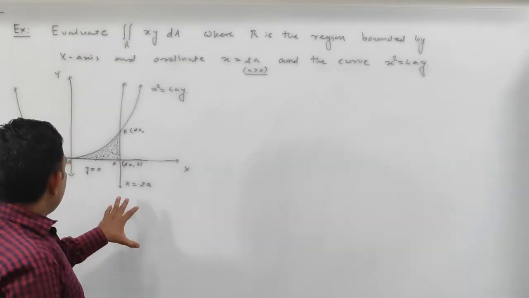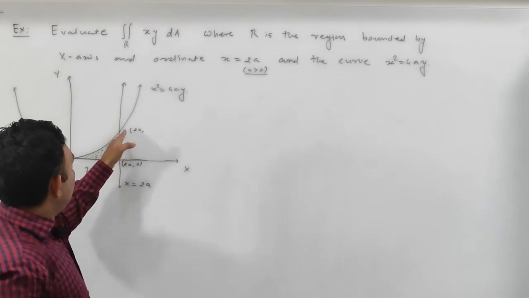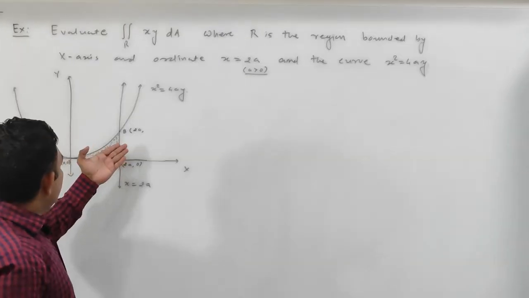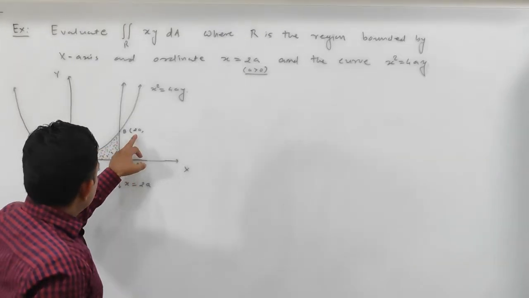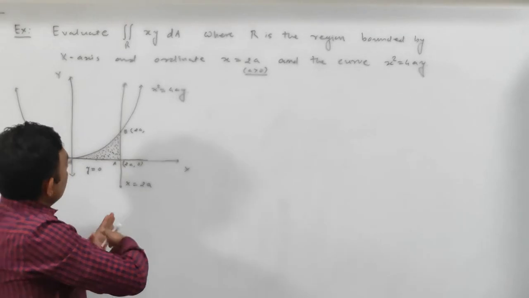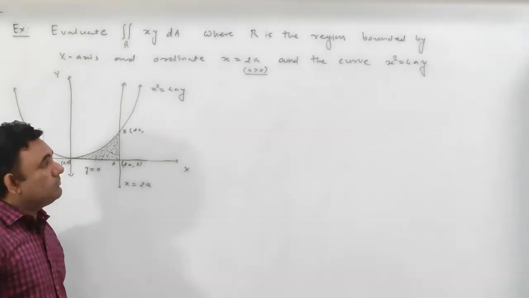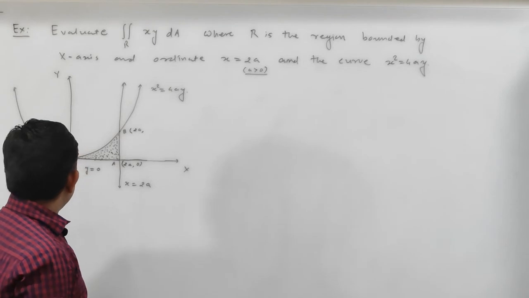To find the y coordinate, we have to solve the equations of these two curves, x equal to 2a and x square is equal to 4ay.